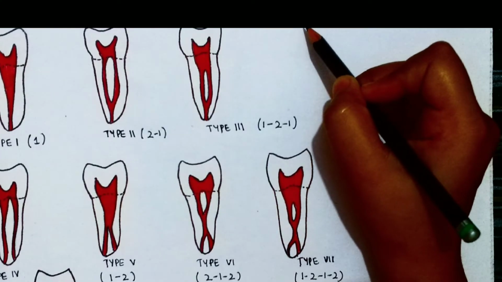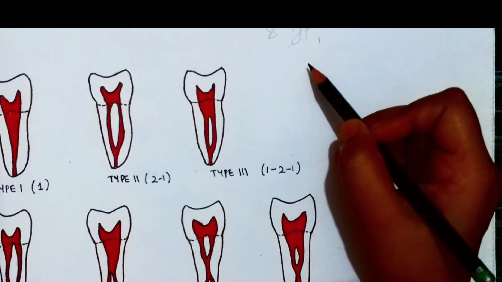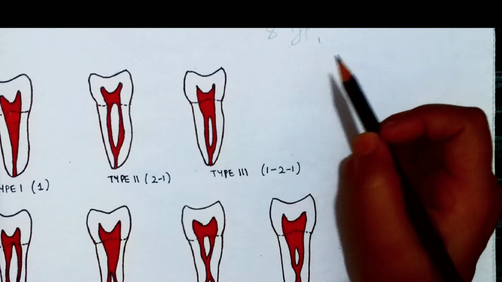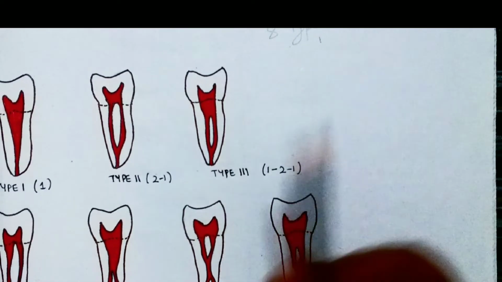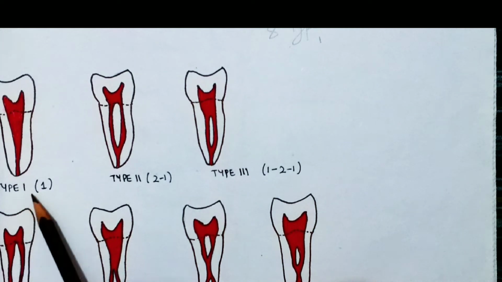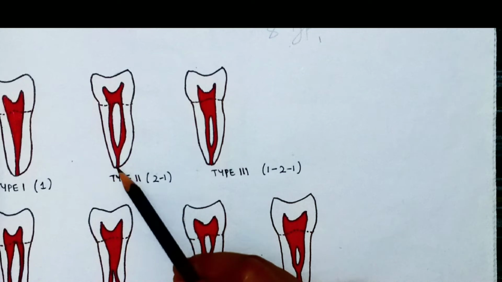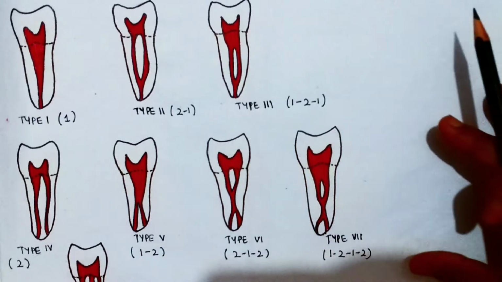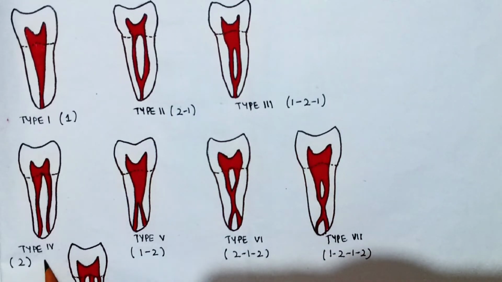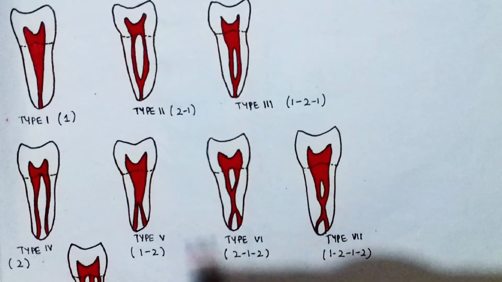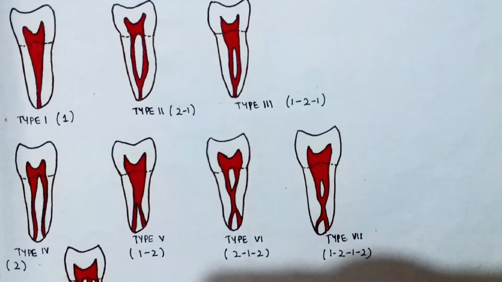All the root canal systems from type 1 to type 3 have only one apical foramen. As you can see in this diagram also, there is only one apical foramen from which the nerves are exiting. The second group, from type 4 to type 7, has 2 apical foramina, which you can see in this figure also, and type 8 has 3 apical foramina.